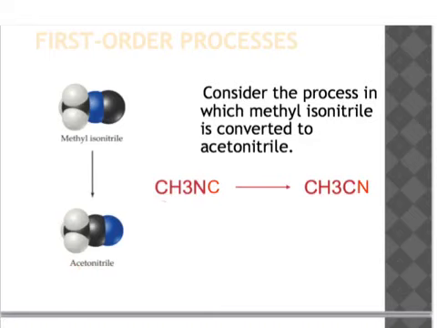This is a first order process, and these two compounds are isomers, which are just molecules that have the same atoms, but arranged slightly differently. So this reaction would be known as an isomerization reaction.